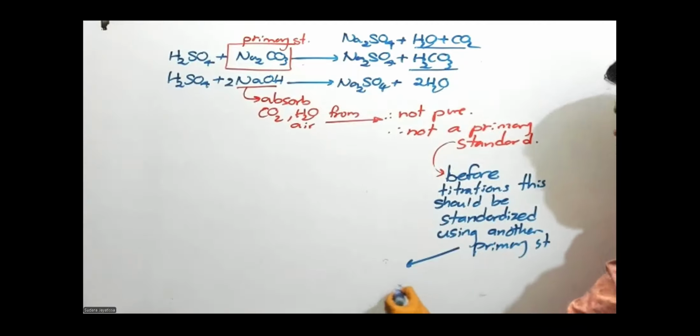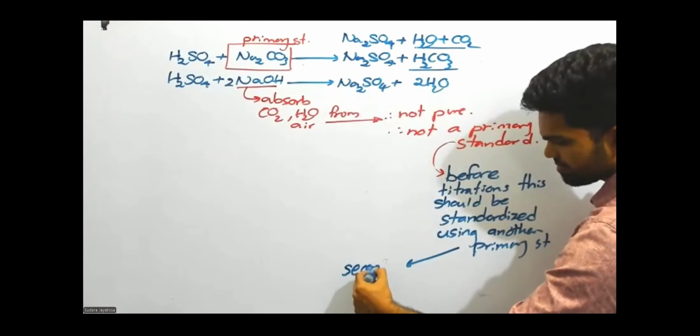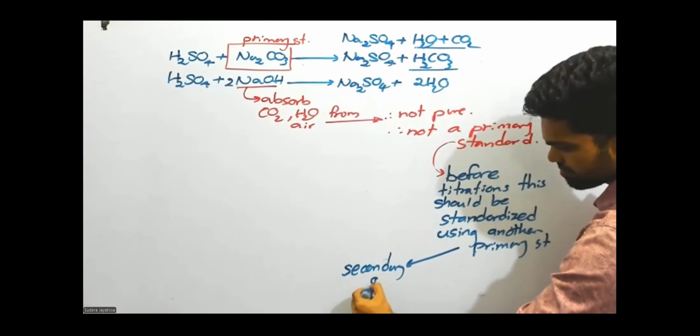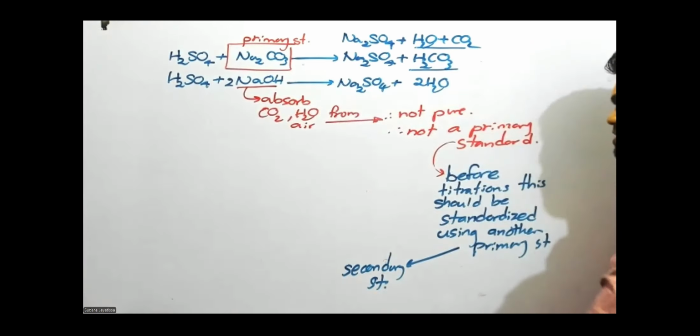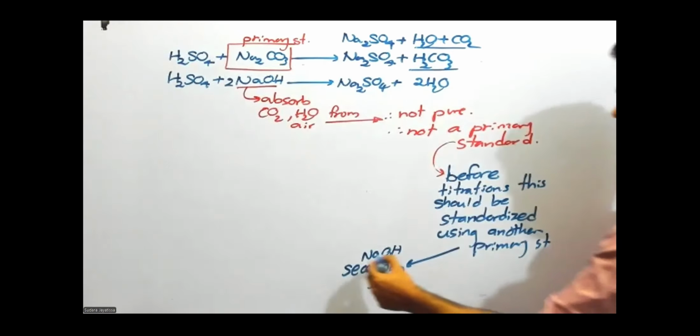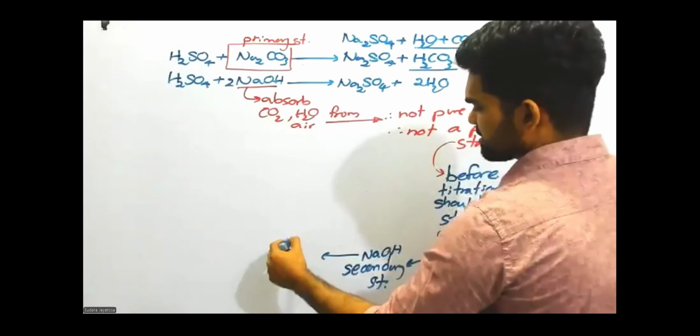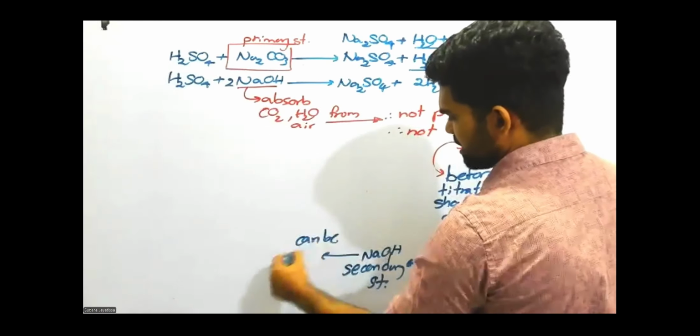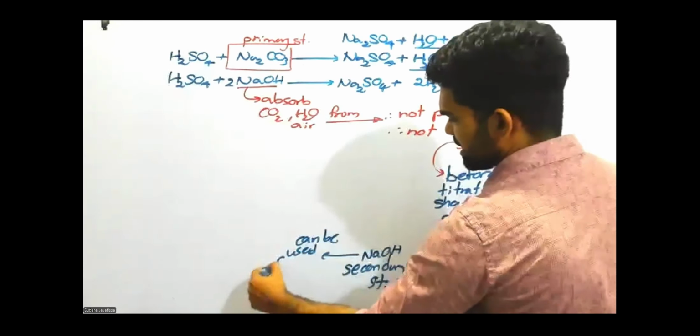And then this would become a secondary standard. Sodium hydroxide will become a secondary standard. So then you can use it for titrations.